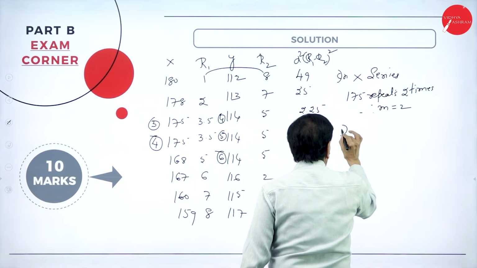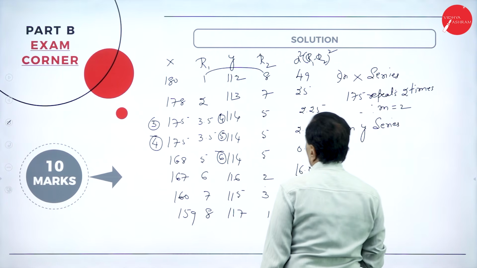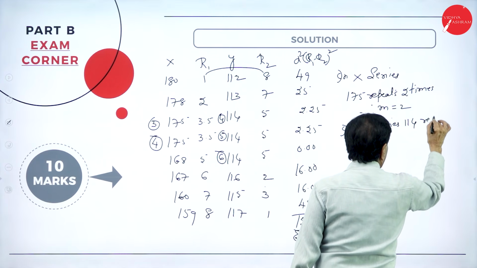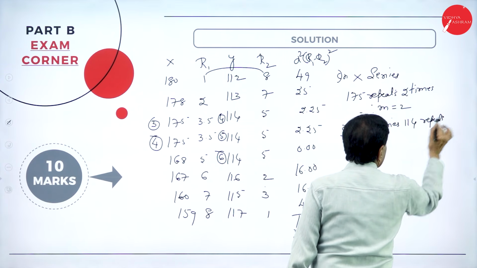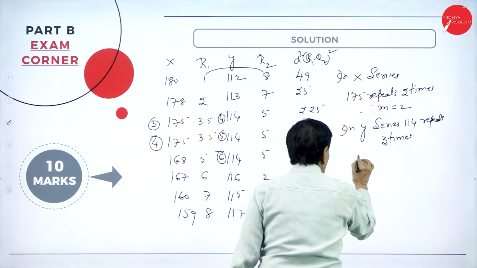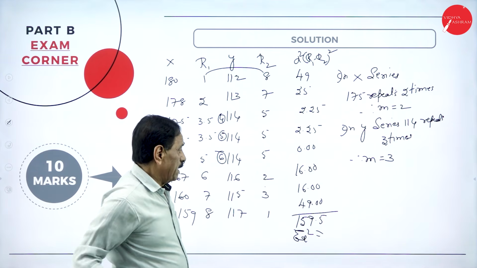In Y series, 114 repeats 3 times. Therefore, m is equal to 3. Now, we'll apply the formula.